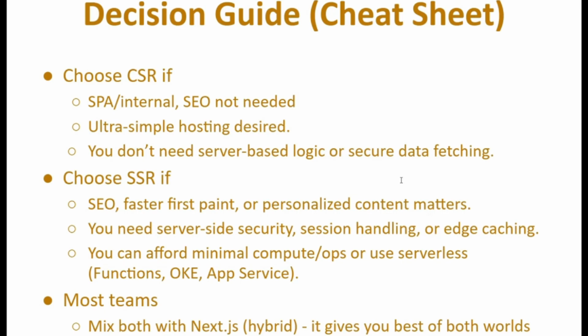Because server-side rendering is perfect for marketing sites, blogs, or e-commerce applications where every millisecond and meta tag counts. And honestly, for most teams, the real answer isn't one or the other. The sweet spot is to go with SSR with Next.js. You get the best of both worlds.